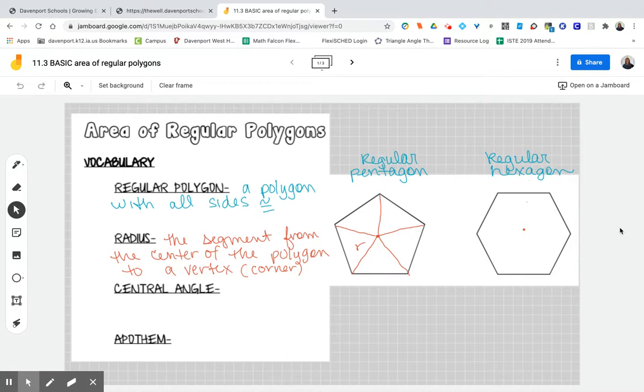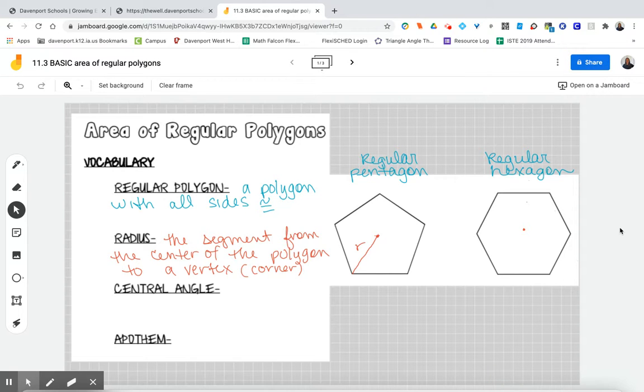So I really only am going to stress here about one of the radii, but just keep that in mind. You can draw a radius from every corner, and when you do that, it creates so many triangles. Now, same thing will happen here with the hexagon.